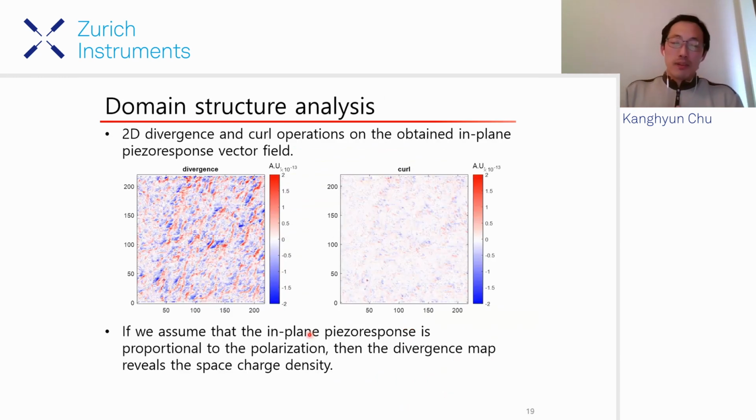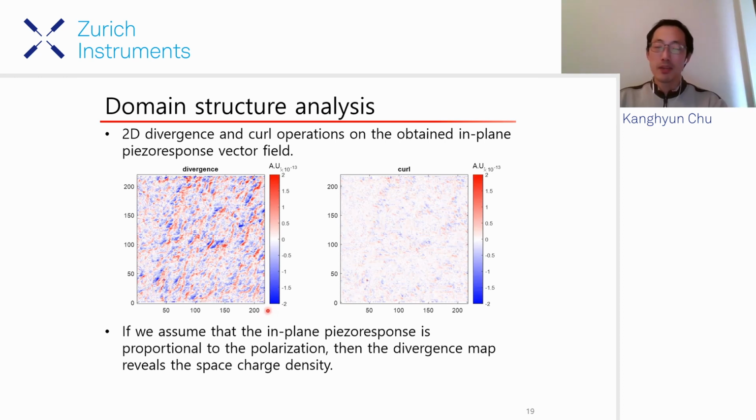Since we have a 2D vector map, we have some playground, and we can apply vector operations to the field to extract useful information, such as divergence or curl. For example, if we assume that the piezo response is proportional to the in-plane polarization, then the divergence map will give us the spatial charge density.